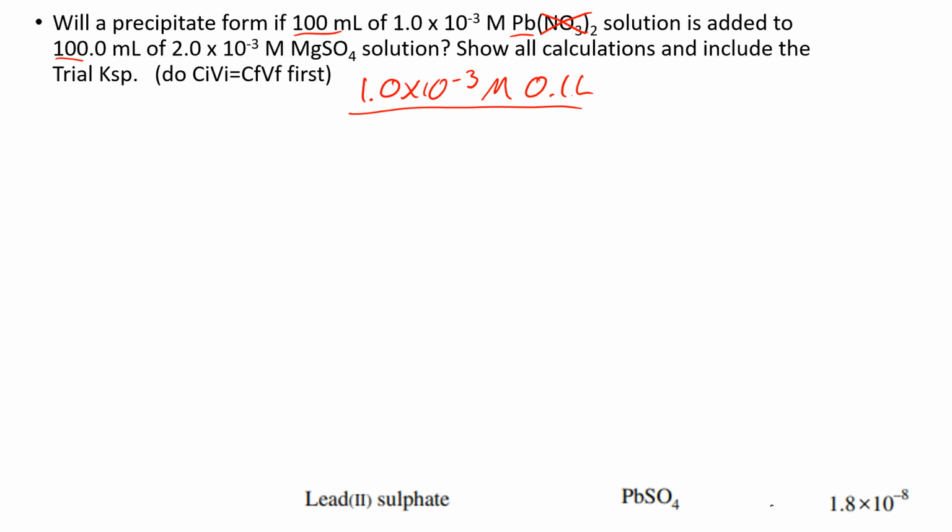After I add these two 100 mL, it's going to be 0.2 liters. So 1.0 times 10 to the minus 3 essentially divided by 2 is going to be 0.5 times 10 to the minus 3 molarity.